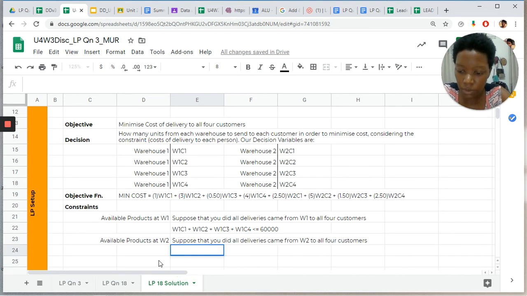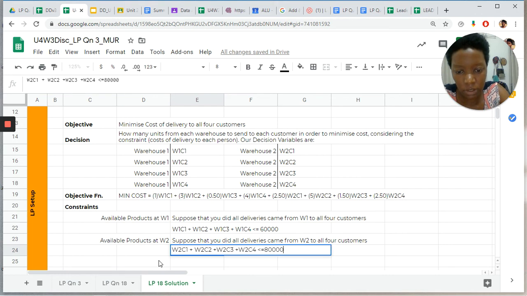Warehouse 2 C1 plus warehouse 2 C2 plus warehouse 2 C3 plus warehouse 2 C4 could not exceed what's available in that warehouse 2, which is 80,000.